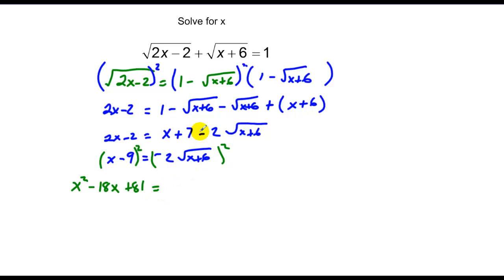Now in this term, since it's a multiplication, I can multiply negative 2 by negative 2, because again that's just negative 2 root x plus 6, and we multiply our numbers by our numbers and our roots by our roots. So this goes to 4 times x plus 6, because that root multiplied by itself just pops out of the root. I can distribute.